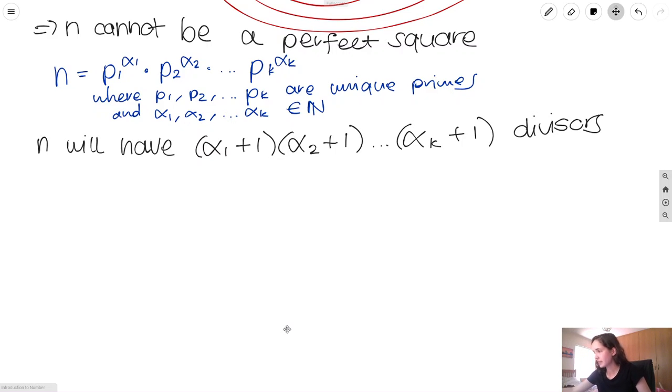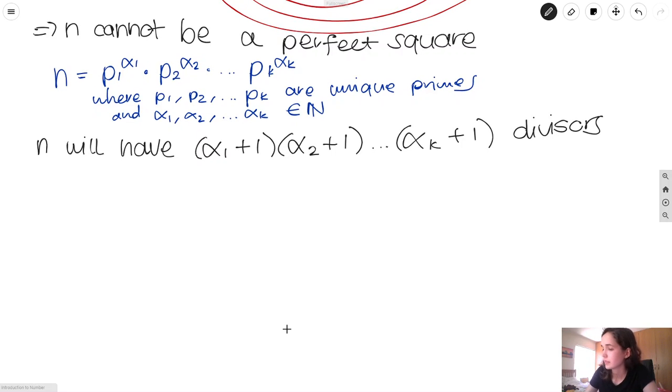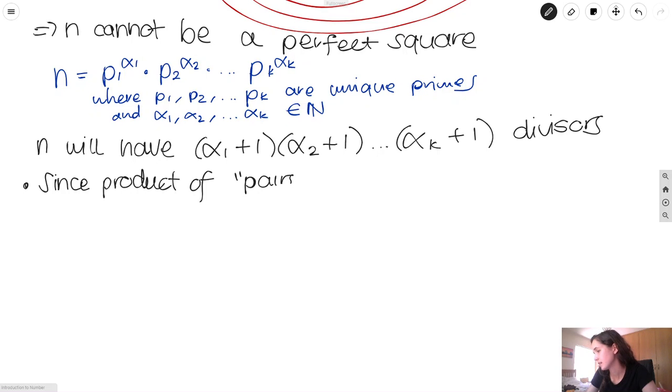What we can also note is since the product of the pairs, there can't be a k, so there can't be a k squared equal to n. Since the product of pairs is going to equal n to the power of 3, this means there will be 3 pairs.